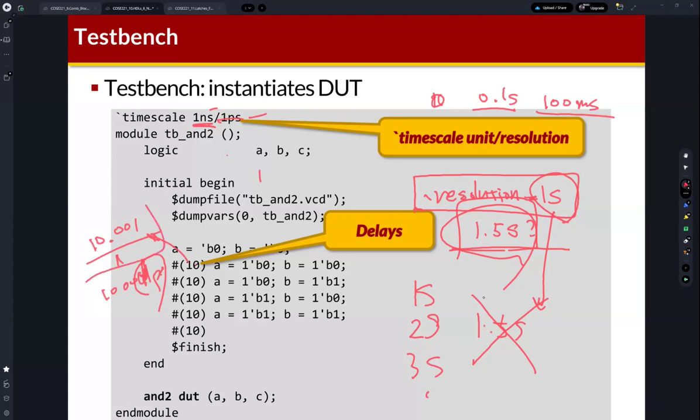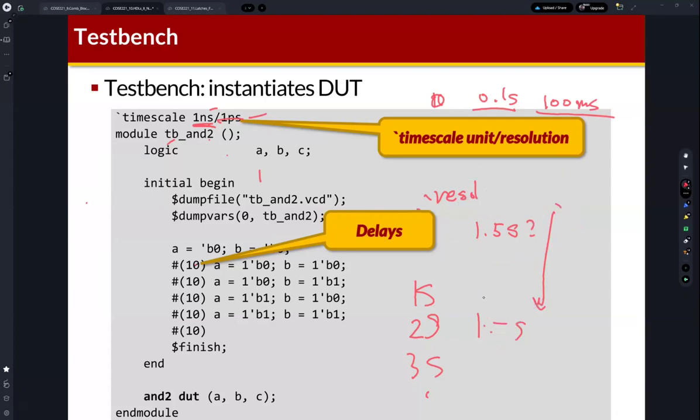But 10.0001 is not possible, because the minimum resolution is 1 picosecond. It just defines the minimum resolution of the time scale.